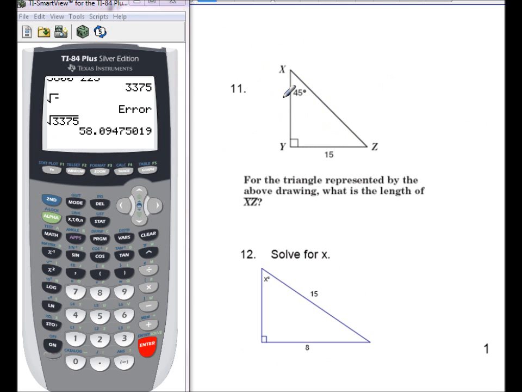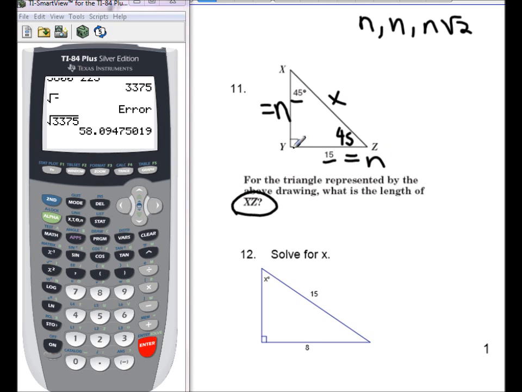Okay, number 11, we have one side and one angle, looking for the triangle represented by the above drawing. What is the length of XC? So we're looking for a second side, and one of the angles is 45, so this is a special right, 45, 45, 90. So opposite the 45 is n, opposite the 45 is n, opposite the 90 is n square root of 2.